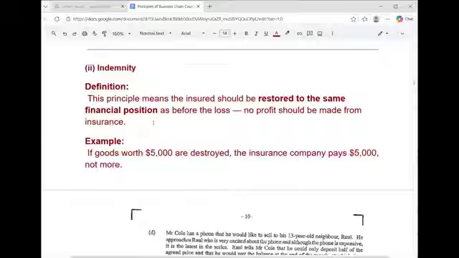For example, if goods worth 5,000 are damaged, the insurance company pays 5,000, not more. The insurance company is not giving you money to make you rich. That's why it says there, no profit, no excess. They would disburse or pay out the amount that you lost, especially if you had insurance in case of fire or flooding or any of those disasters.